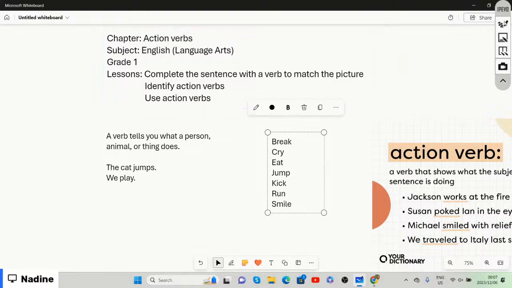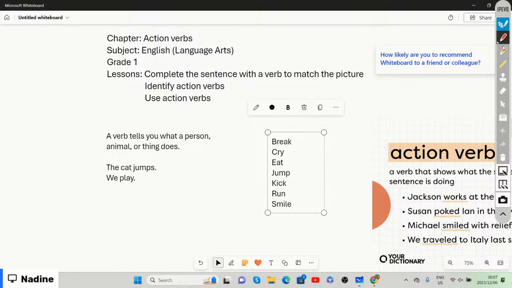And if we look at an example, the cat jumps. Remember we said that a verb tells you what a person, an animal, or a thing does.